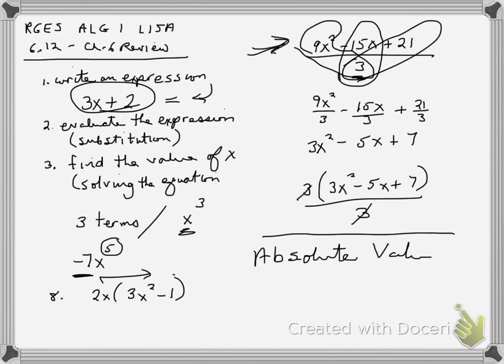So make sure you go back and review absolute value. Recall that absolute value is distance from the 0 on the number line. So really, if I had the absolute value of x, I would have two values, one to the right on the number line and the other to the left on the number line.